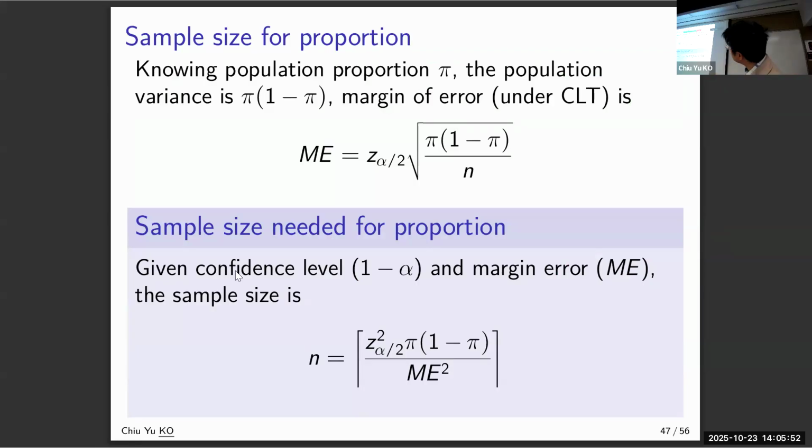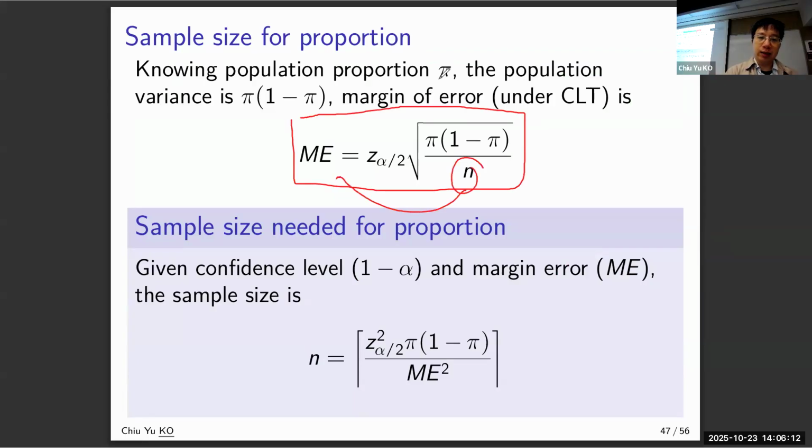So we just do the binary data. The proportion follows this ME formula. If you still remember, if you know pi, and you move n to the other side, you get this formula, right?